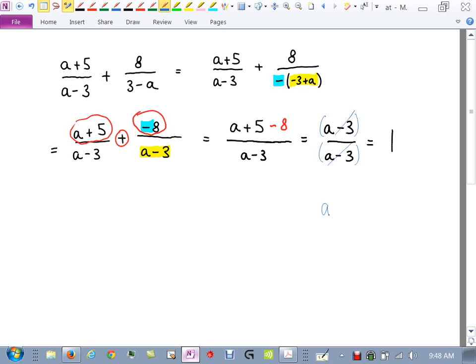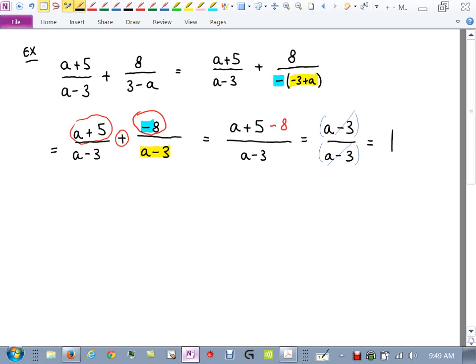Just remember, A minus 3 over A minus 4, those don't cancel, right? The A's don't cancel here, because they're not exactly the same. So you can't do that. So the answer here is 1. Okay?